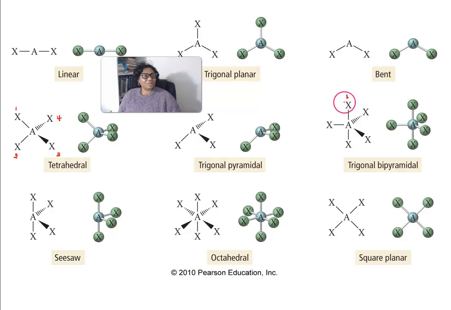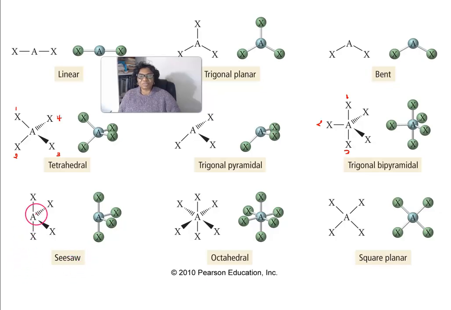This 1, 2, 3, and A, which is in the center, are on the plane of the paper. Then we are saying that this one is looking at the back, and this one is facing you in the front. Look at it. This is the one facing you. This is the one with a solid wedge, and this one is with a broken wedge.